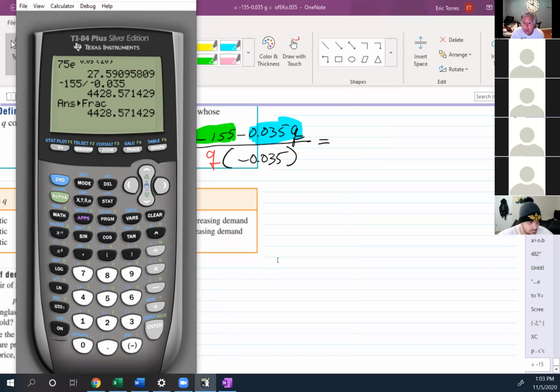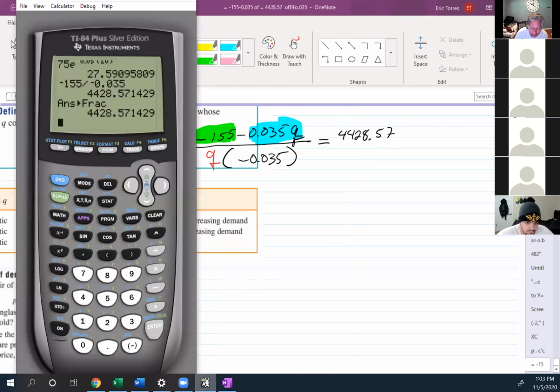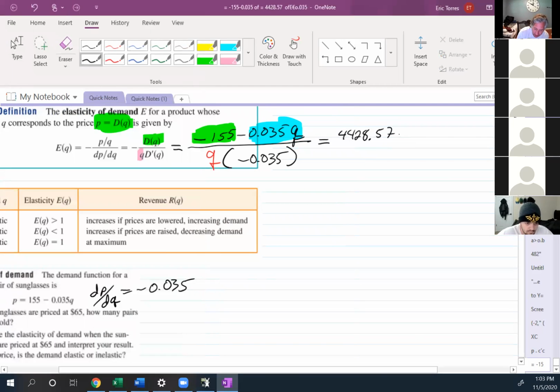So I'll round it to the hundredth place to start with. 4428.57, I believe. Yes, Q to the -1. The second one, actually, that reduces perfectly to 1.